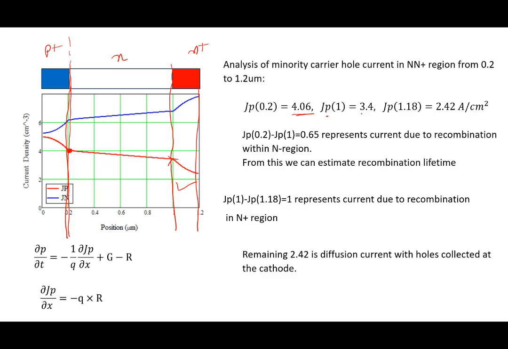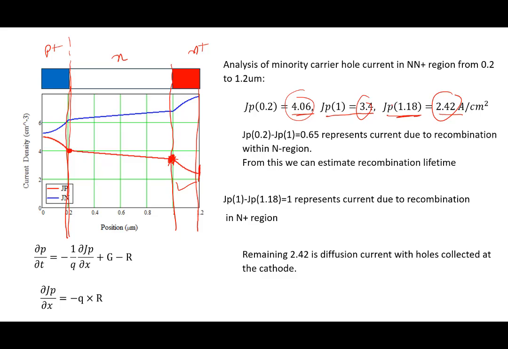I see Jp at 1 is 3.4. Jp close to this point I've taken is 2.42. These are broad features. The amount of current that is injected is 4.06. The amount that reaches this particular point is 3.4, and the amount that reaches this point is 2.42.